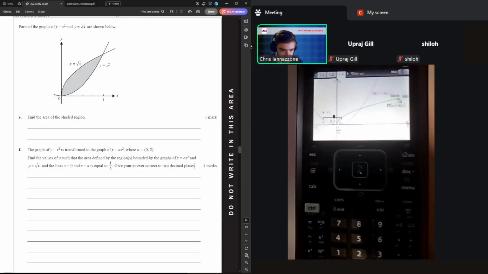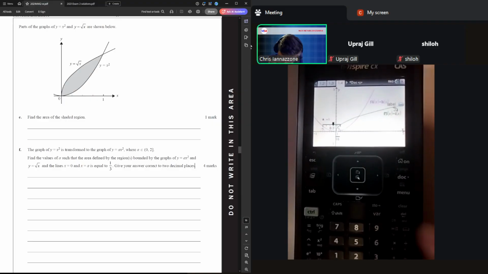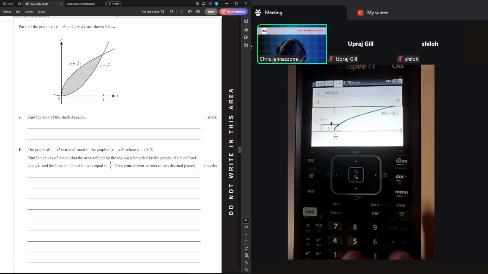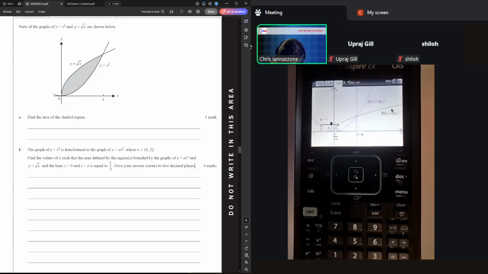Okay. So I'd set something up like this. One of the other things I'd probably want to do is put in the line x equals a.